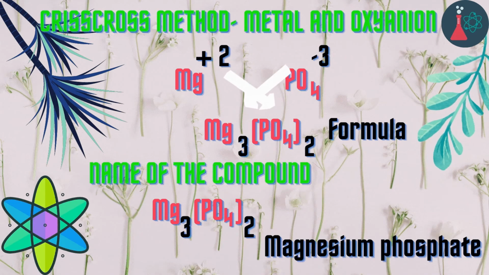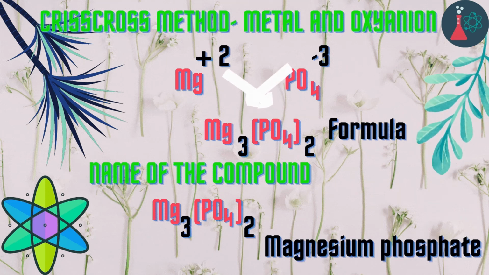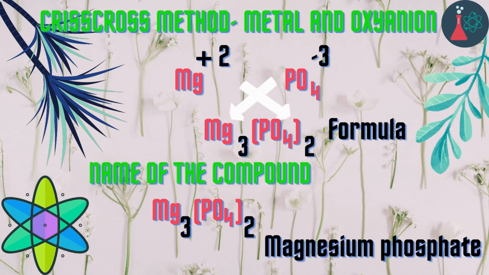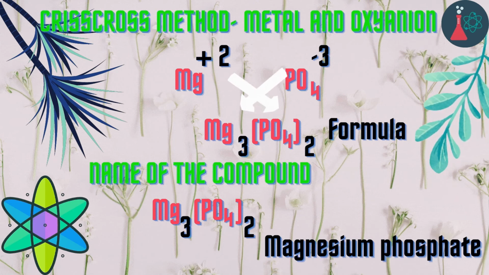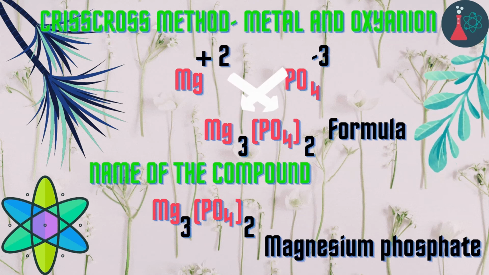Okay, next is a metal and an oxyanion. So it is now a combination of a metal. Our metal here is magnesium, which is positive 2. The oxidation number of magnesium is positive 2, and the polyatomic ion is PO4 negative 3. PO4 is phosphate.